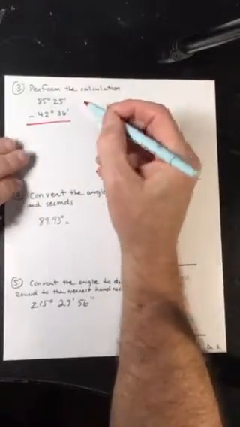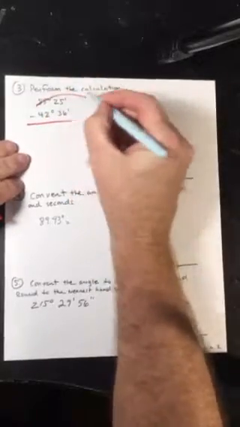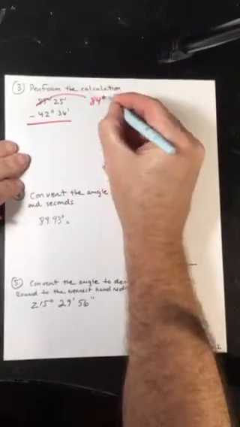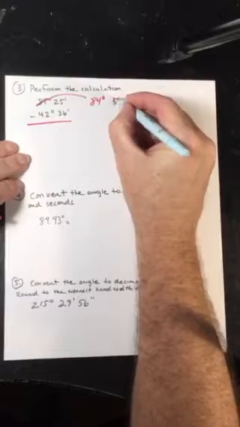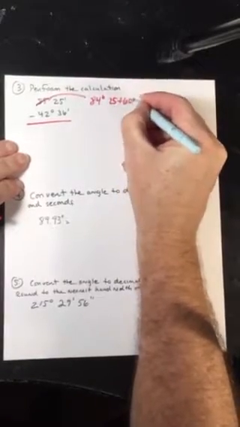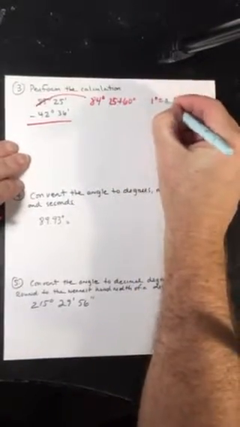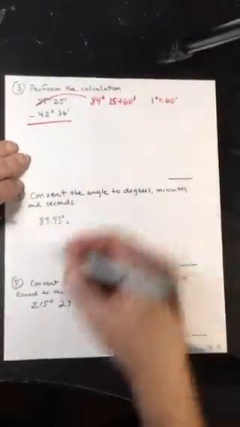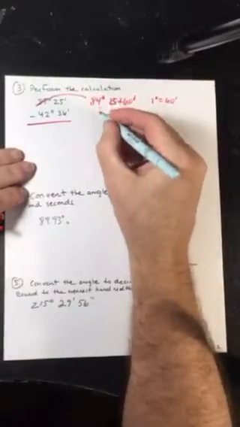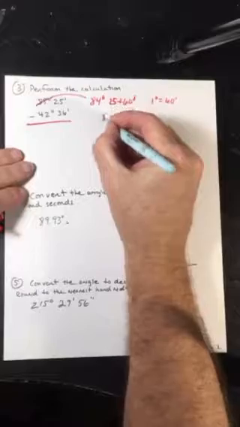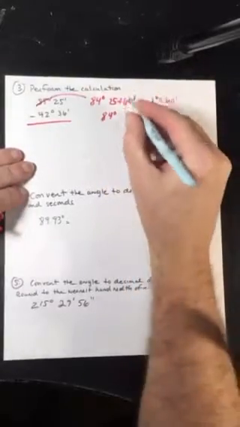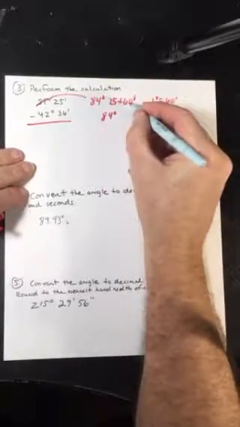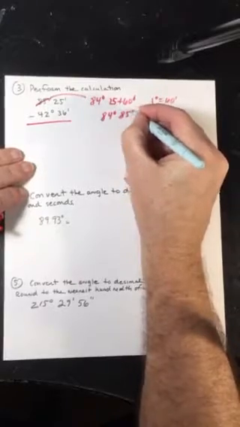You can see we can't subtract those, so we're going to have to borrow one from that 85, making that 84 degrees. And we're going to take 25 and add 60 to it, because remember, 1 degree is equal to 60 minutes. So now recalculating, we get 84 degrees. Combining 25 and 60, we get 85 minutes.